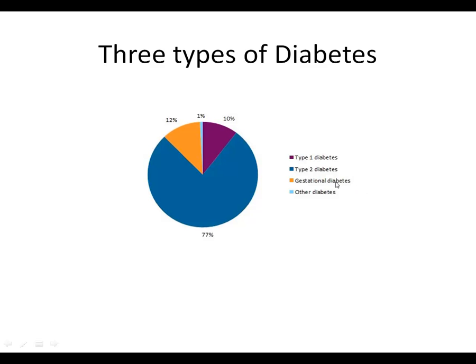Because it acts in the same way as type 2 diabetes, many people lump together gestational and type 2, and if you do that, it works out then that there's two types, type 1 and type 2, which sometimes type 2 is triggered during gestation. And 90% then of the diabetes in the United States is type 2.